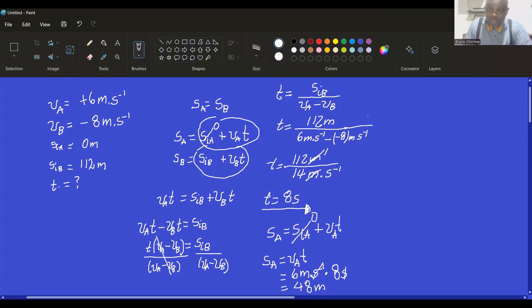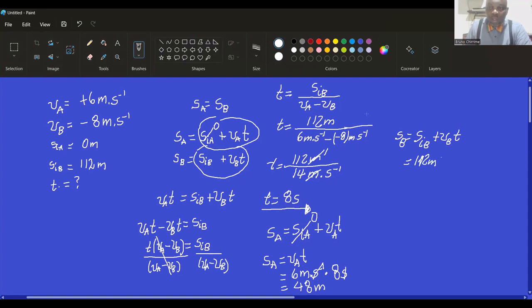We have that the initial position of cyclist B is 112 meters. We have that from the word go. So 112 meters plus the velocity of cyclist B. We remember to open brackets, since this velocity from the beginning we know is negative, which means it's going the opposite of cyclist A. So it's minus 8 meters per second.